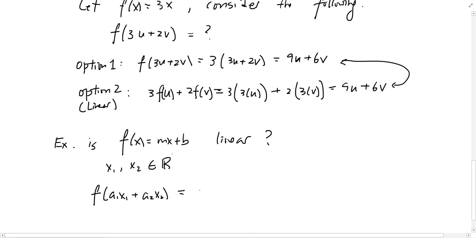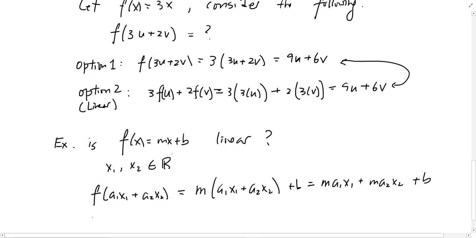That would mean this is m multiplied by a1 x1 plus a2 x2, plus b. Distributing the m, this is m a1 x1 plus m a2 x2 plus b.